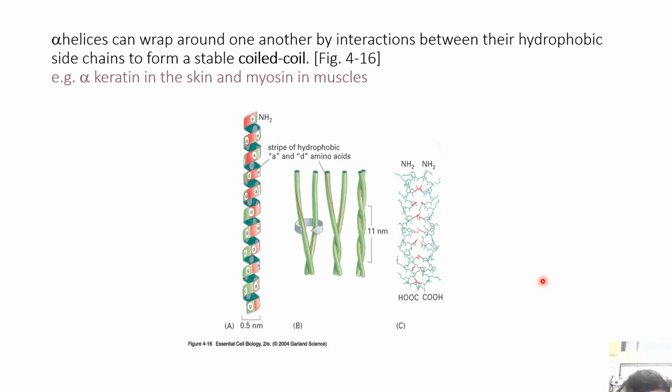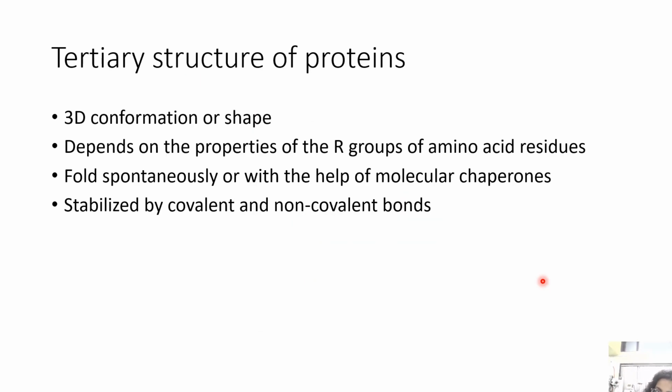Now, alpha helices can wrap around one another by interactions between the hydrophobic side chains to form a stable coil structure, like alpha keratin in the skin and myosin in muscles. Now, the tertiary structure of proteins: we talk about the 3D conformation or shape. It depends on the properties of the R groups of the amino acid residues.